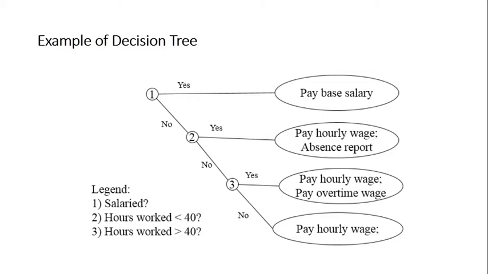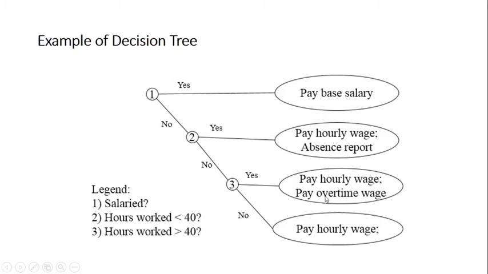You will pay the hourly wages, the calculation will be done, the salary is paid according to the number of hours worked, and the days he is absent are also presented, right? If this is not the case, the number of hours is not less than 40, that means it is either greater than 40 or equal to 40. So the third condition is if it is greater than 40, yes. If the number of hours is greater than 40, pay the hourly wages, that is the basic pay you have to give.